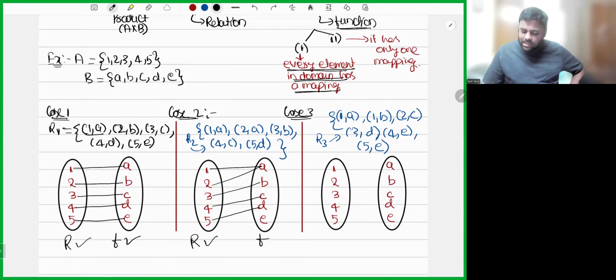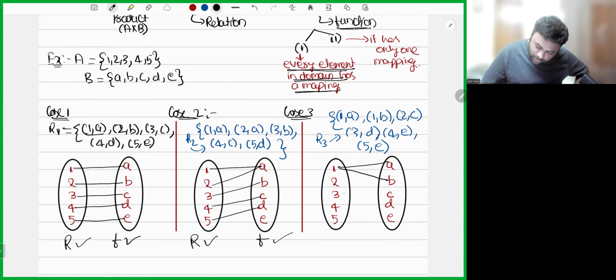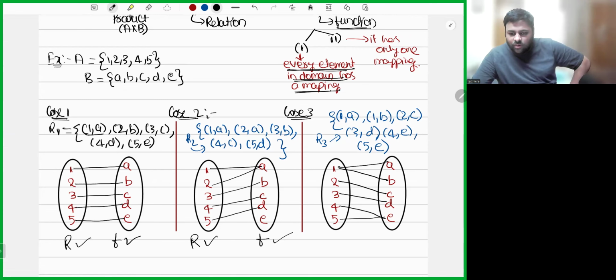Next, case 3. Is it a function? 1 is mapping to A, 1 is mapping to B, 2 is mapping to C, 3 is mapping to D, 4 is mapping to E, 5 is mapping to E. First, every element in domain has a mapping. Yes. It should have only one mapping.